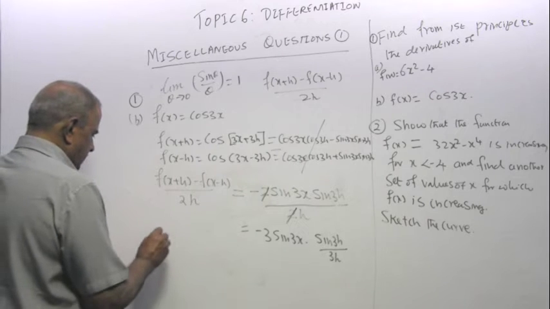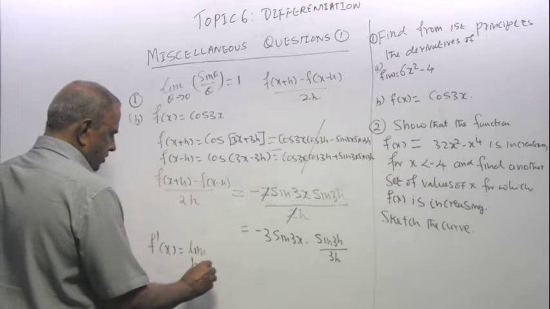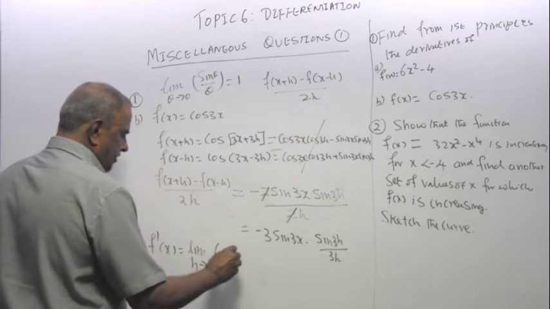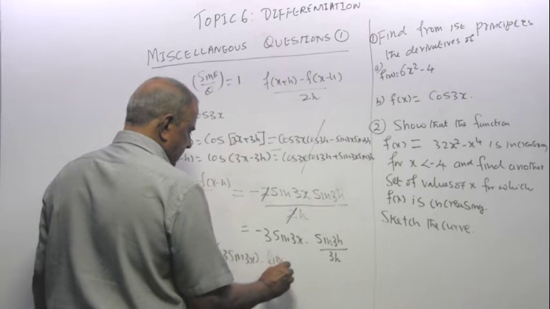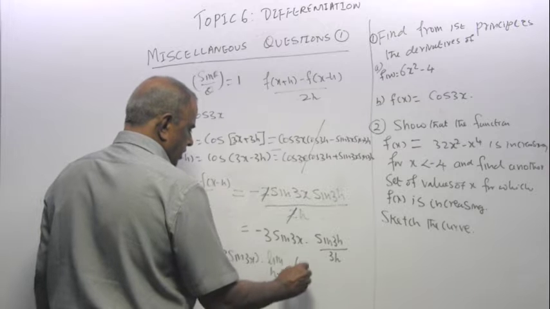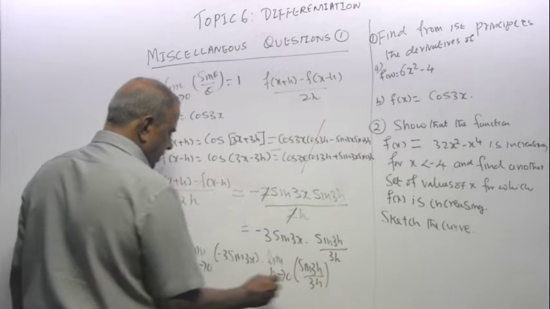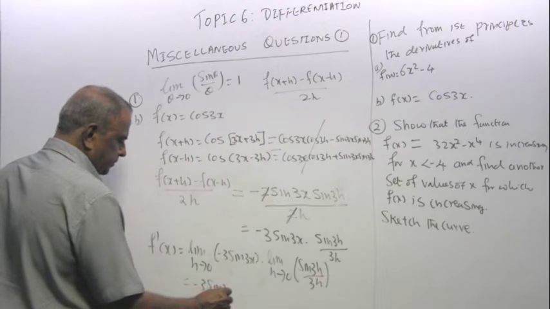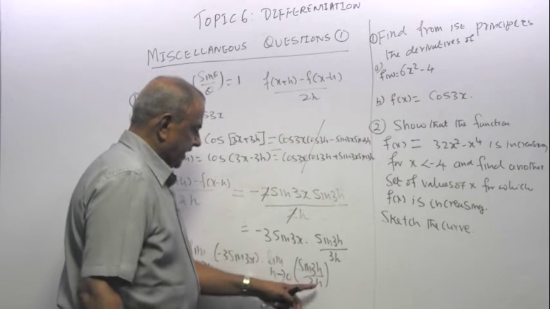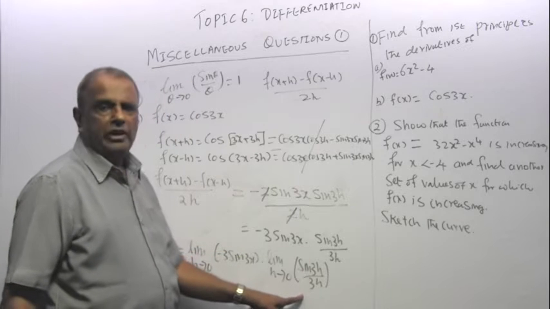Now, f dash of x will be limit h tending to 0 of minus 3 sine 3x times limit h tending to 0 of sine 3h over 3h. There is no h here, so it is minus 3 sine 3x. For sine theta by theta, remember, you can't put h as 0 because it's sine 0 by 0.